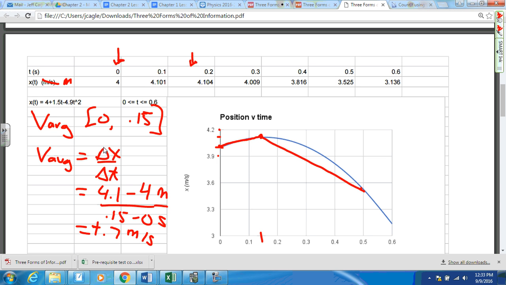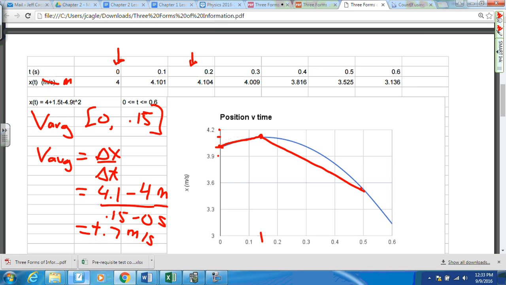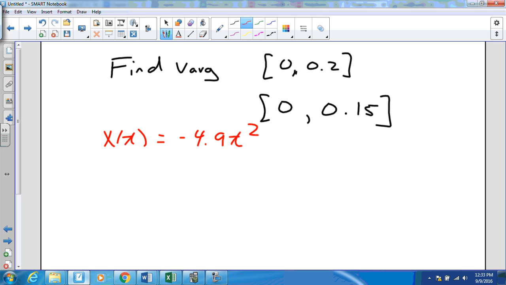Yes, sir. Can you still use the equation? Oh, yeah, sure. That'd be fine. If I use the equation, 90 squared plus 1.5t plus 4.